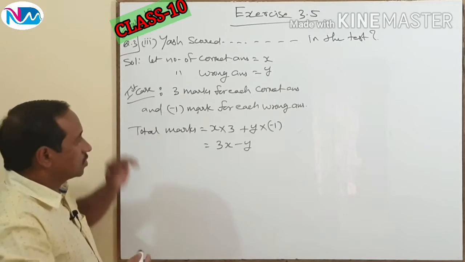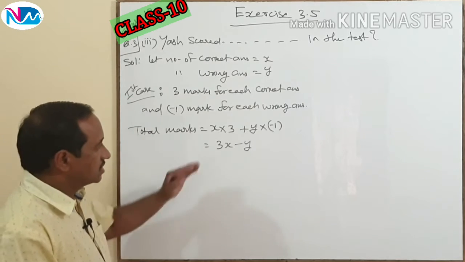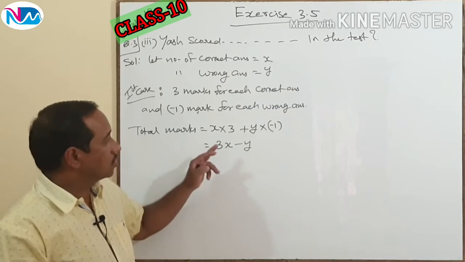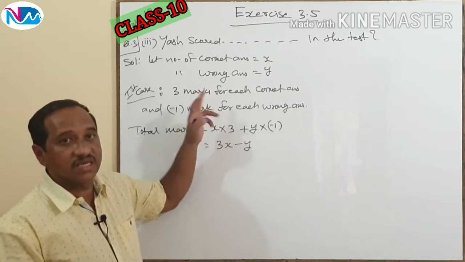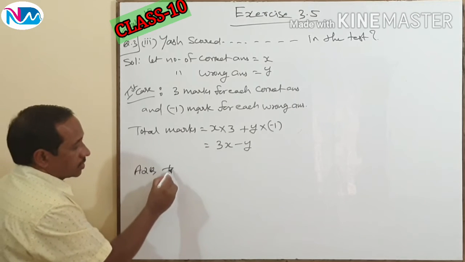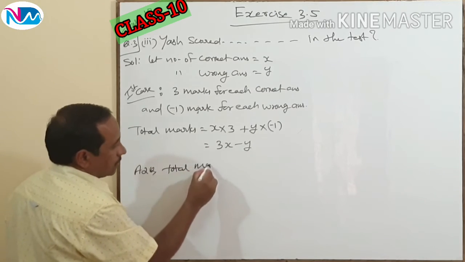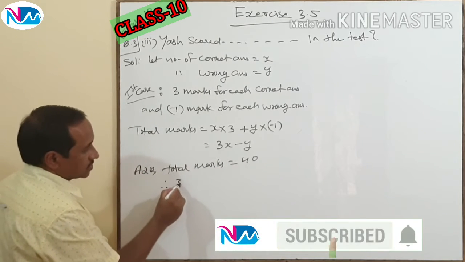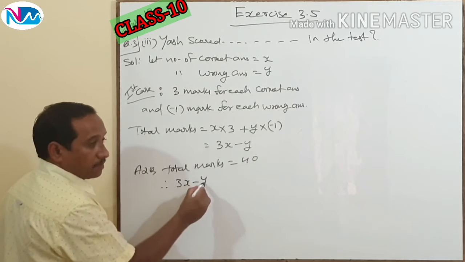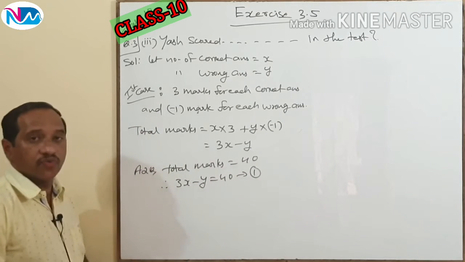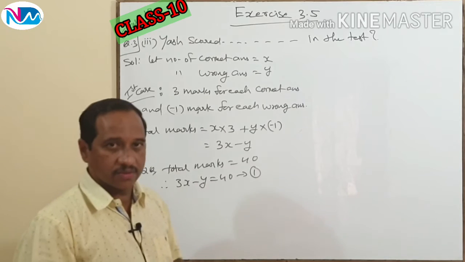So the total marks is 3x minus y, but according to the question, the total marks in this case is 40. Therefore, 3x minus y is equal to 40. Thereby, we are getting equation number 1.